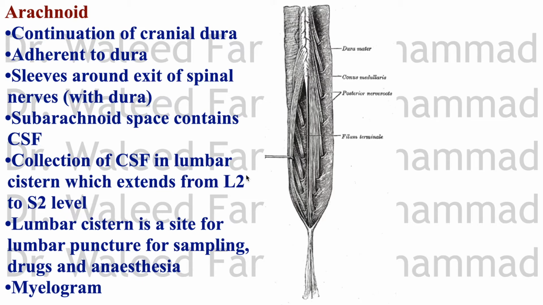The lumbar cistern is the site for the lumbar puncture. You will be using it to introduce anesthesia, for example, in pregnant women in labor, or to take a sample of the CSF, or to introduce different kinds of drugs, or to introduce a dye and take a picture. This is called myelogram.